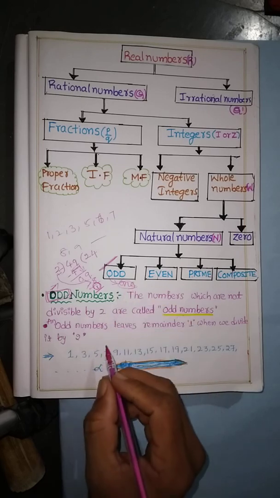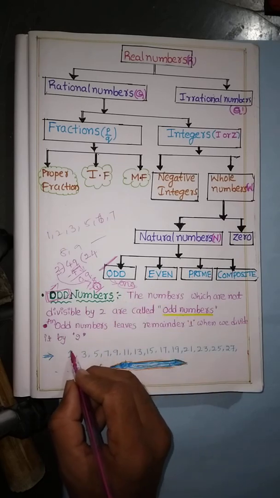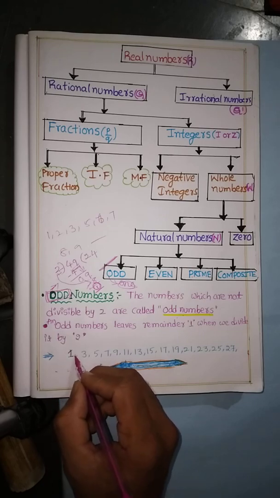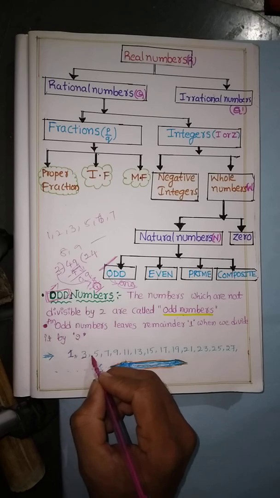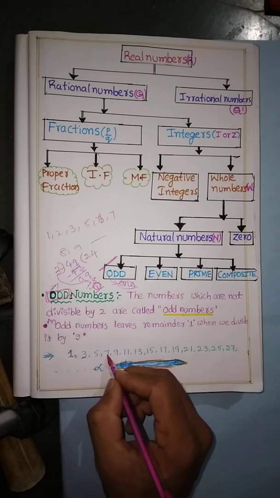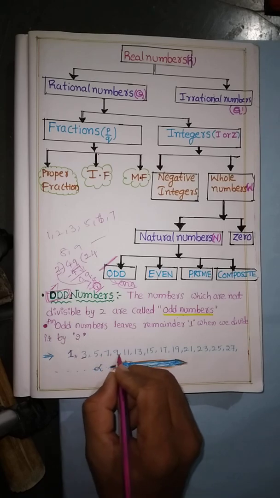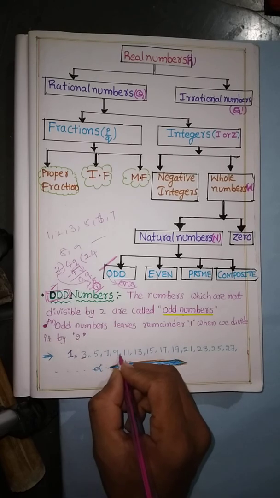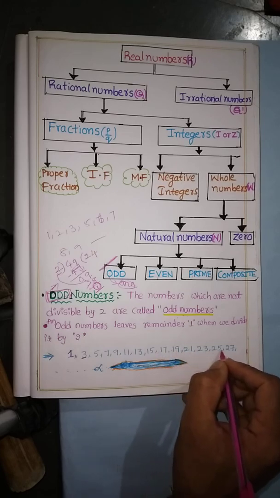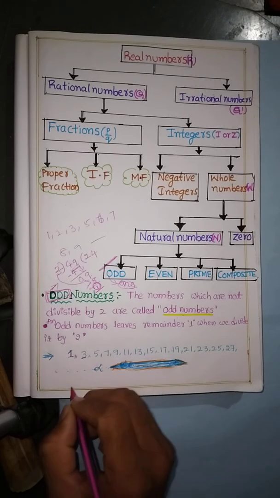It means odd numbers start with 1. Write 1, leave 2, write 3, leave 4, write 5, leave 6, write 7, 9, 11, 13, 15, 17, 19, 21, 23, 25, 27 and so on to infinity.